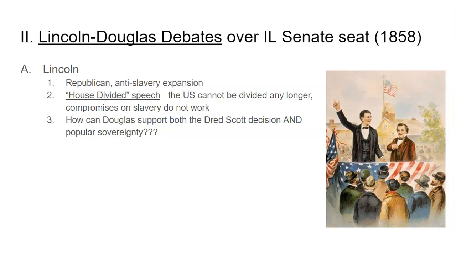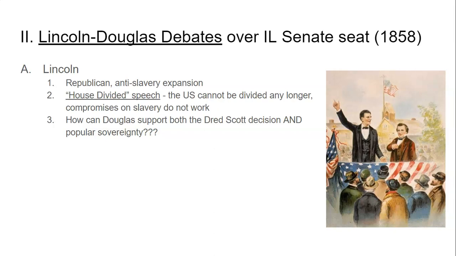And so you can kind of see some of their ideas and some of their philosophies present in this small scale election in Illinois over the Senate seat. So they're both running to become an Illinois senator, and Lincoln and Douglas agree to have a series of public debates where they will kind of debate out and open their ideas on slavery.